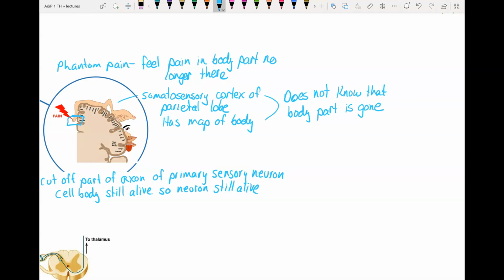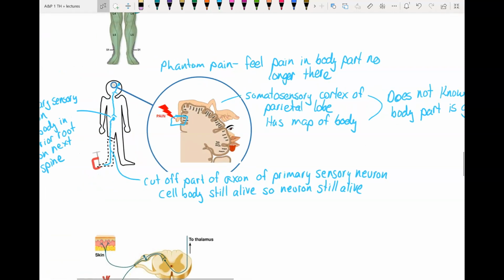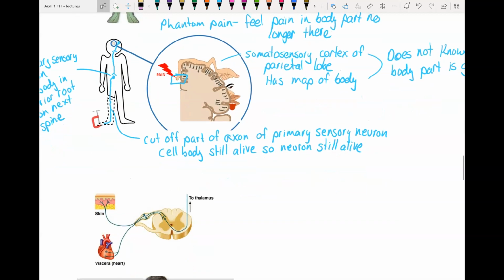So as far as it's concerned, you still have a foot because it still has a foot on its map. So then you can still get signals going up that pathway and to that spot on the map. So because this cell body is still alive, it can still send signals to your somatosensory cortex.